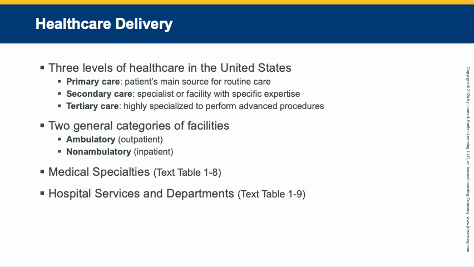Also, look on pages 26 and 27, table 1-9. This is a list of the different hospital services and departments, and I want you to also take a look at those, the departments as well as what services they perform.